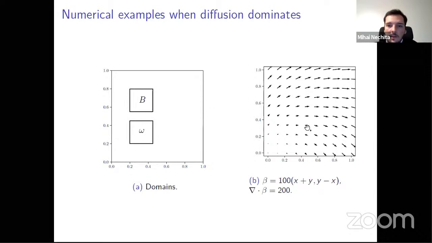And on the right, we have a vector field with a divergence of 200. So this would be a non-coercive convection field for convection diffusion, where usually the divergence is assumed to be less or equal to 0 to have well-posedness. And we just want to exemplify that this sort of vector fields can be dealt with.